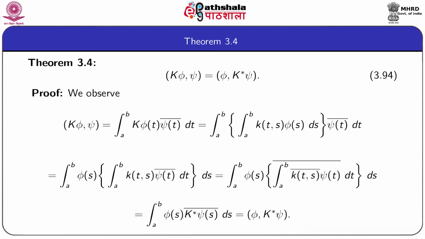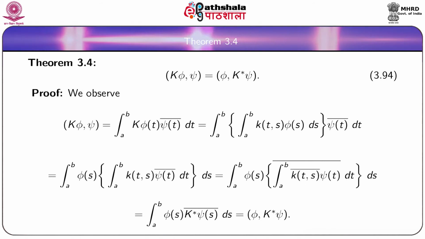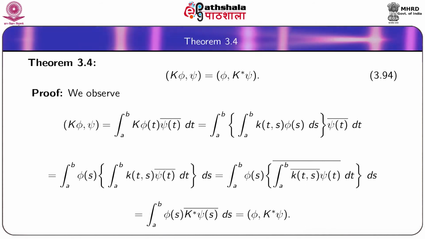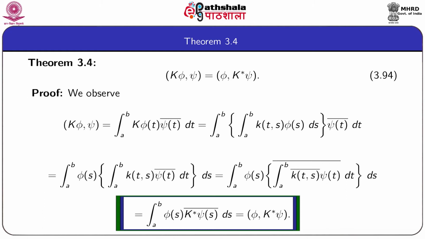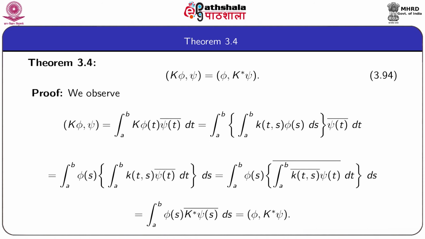This inner integral can be rewritten and we get integral a to b phi s ds integral a to b k bar t s psi t dt whole bar, so that the inner integral can be written as K star psi s bar, where K star is the adjoint operator of capital K. So this is equal to integral a to b phi s into K star psi s bar ds, which is the inner product of phi and K star psi. So this theorem is proved.